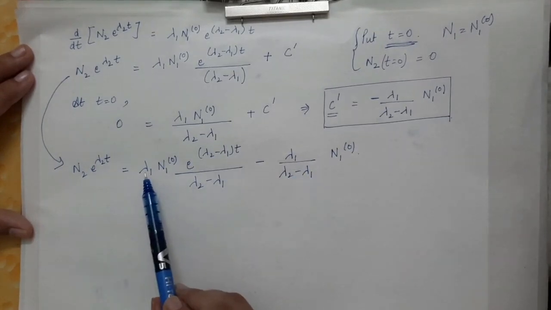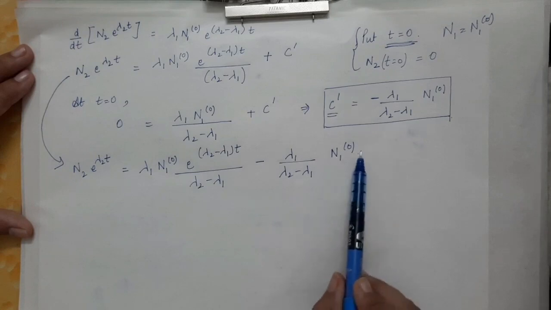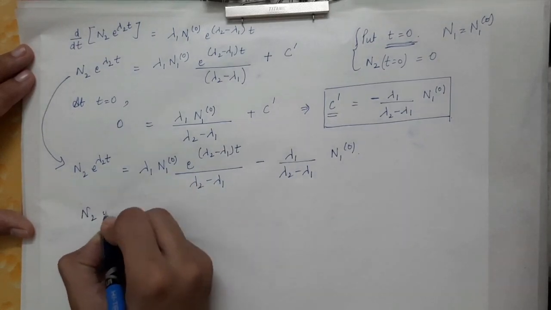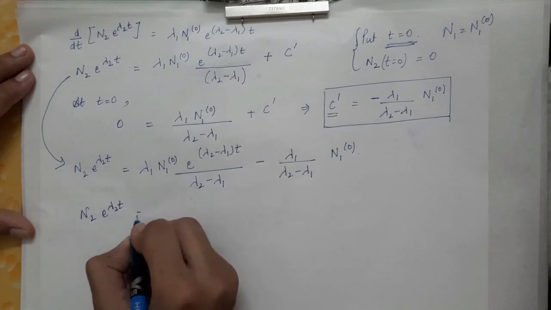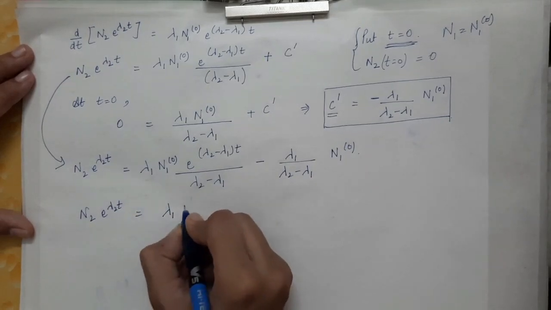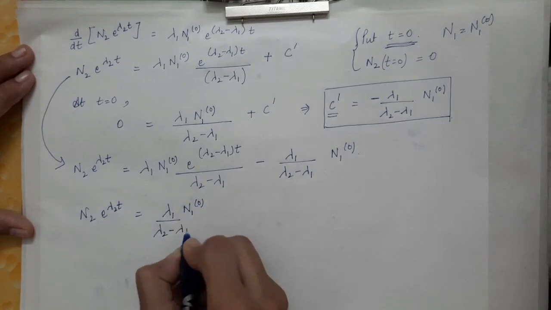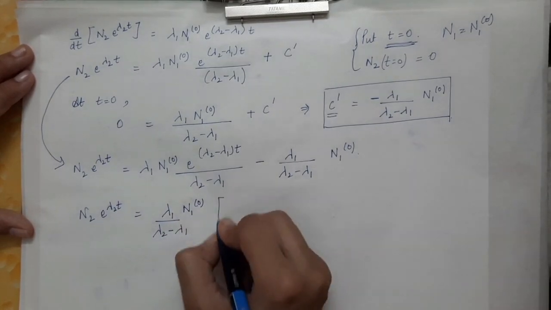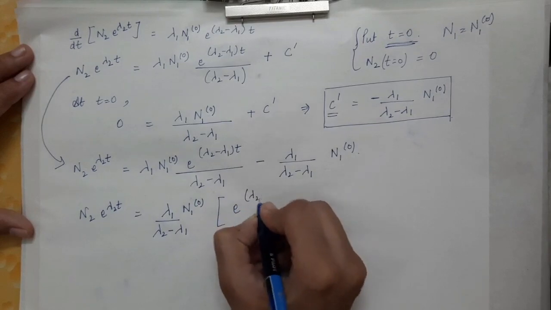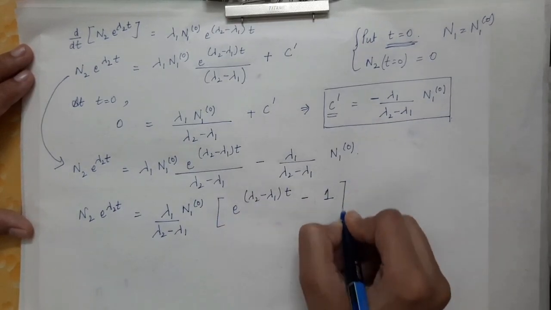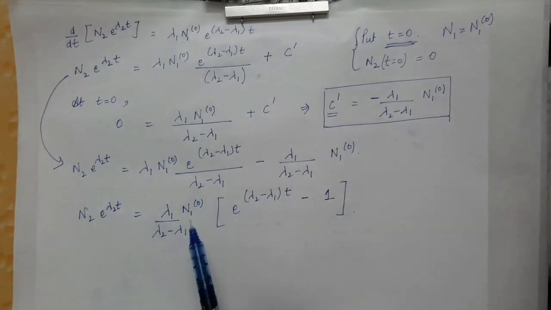The common terms are lambda 1 into n10 over (lambda 2 minus lambda 1). So n2 into e power lambda 2t will be equal to lambda 1 into n10 over (lambda 2 minus lambda 1) into [e power (lambda 2 minus lambda 1) into t minus 1]. We have taken the common term and rewritten this equation.